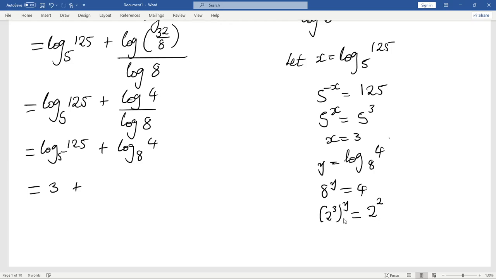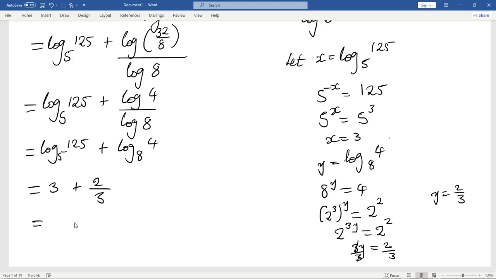Now we have 2 to the power 3y is equal to 2 to the power 2. We equate the powers, we have 3y is equal to 2. We divide by 3, and we have that y is equal to 2 over 3. So this is simply going to be 2 over 3.